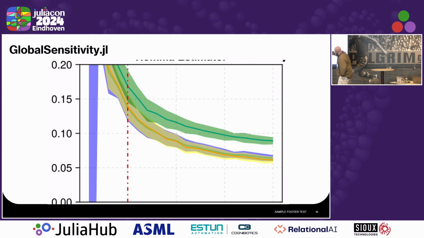The solid lines are sensitivity metrics, and along the bottom is increasing sample size. Investigations have been done into the sensitivity indices and their convergence. The typical literature value for this sort of thing is where the red line would be, and people would take their sensitivity indices at that point.